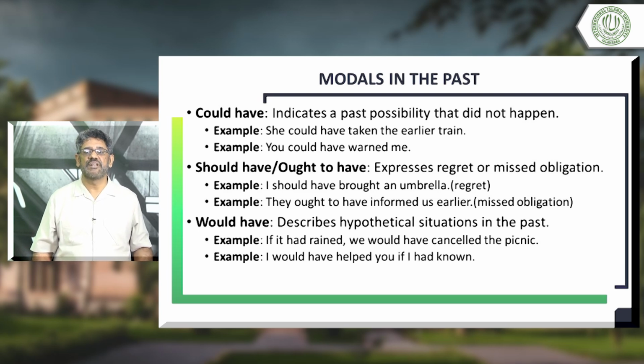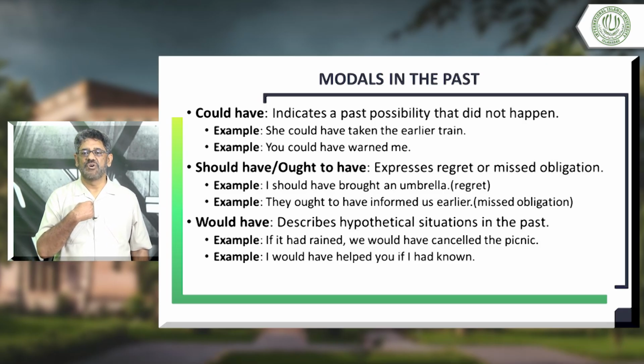I should have brought an umbrella. This shows regret. Oh, you see, it started raining. I should have brought an umbrella. So expresses regret. Then missed obligation. They ought to have informed us earlier. This is missed obligation. It was their duty to inform me.